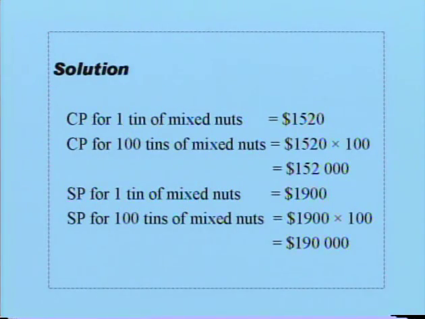Solution. Cost price for 1 tin of mixed nut is $15.20. Cost price for 100 tins of mixed nut, $15.20 times 100, which will give us $1,520. Selling price for 1 tin of mixed nut, $19.00. Selling price of 100 tins of mixed nut, 19 times 100, which is $1,900.